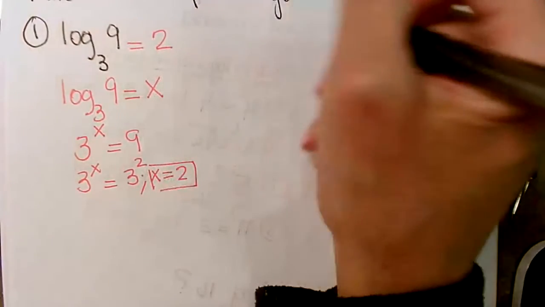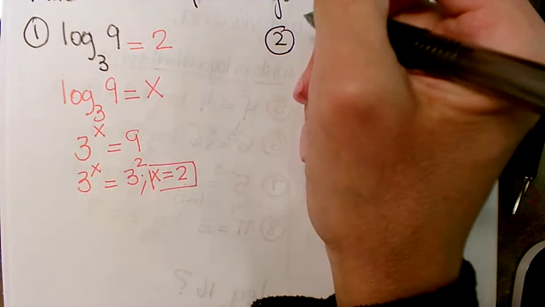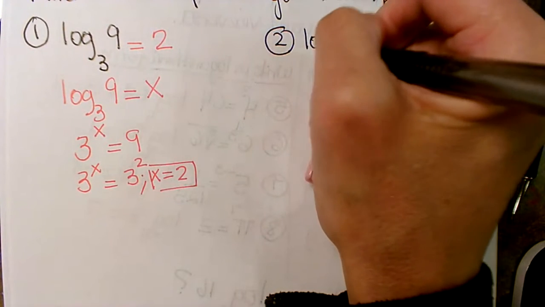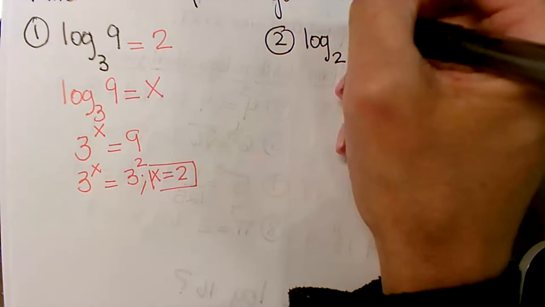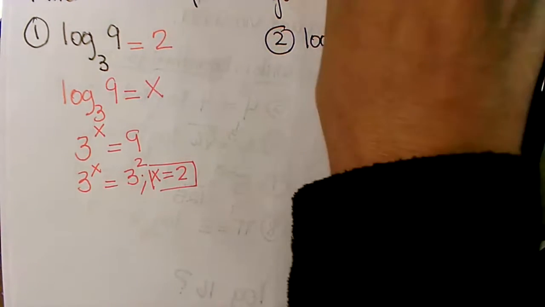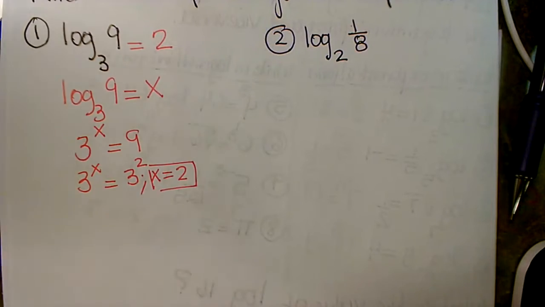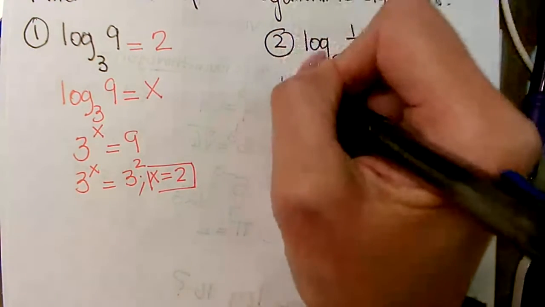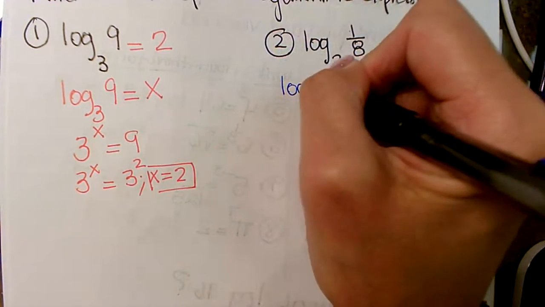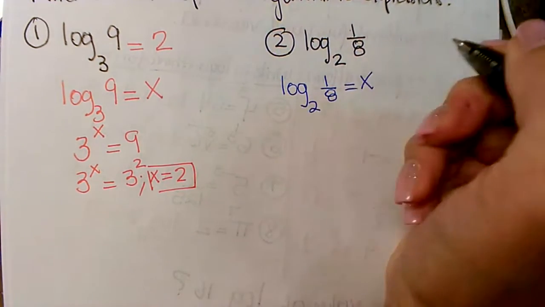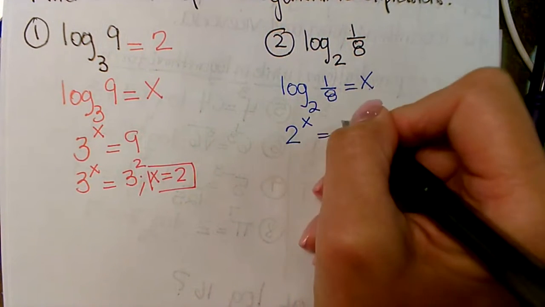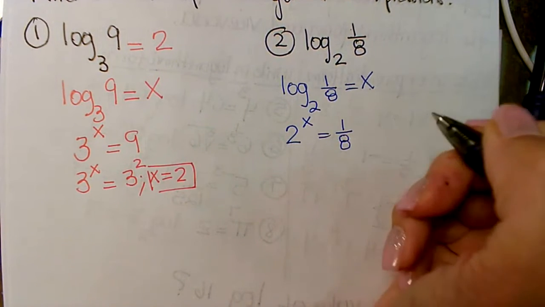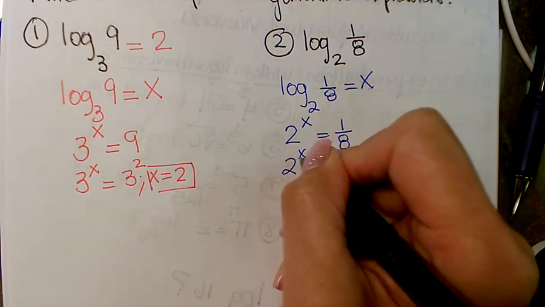Now let's do number 2. This is base 2. So we're going to do log base 2 of 1/8 equal to x. 2 is the base. X is the exponent. Let's solve this.